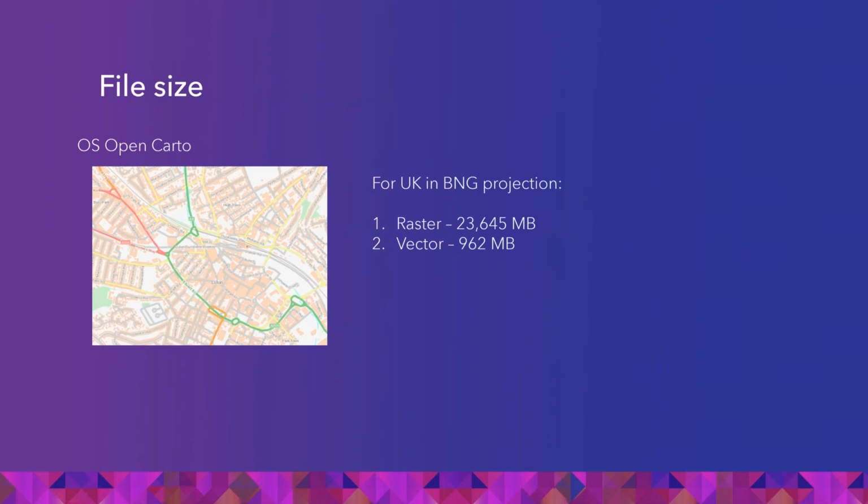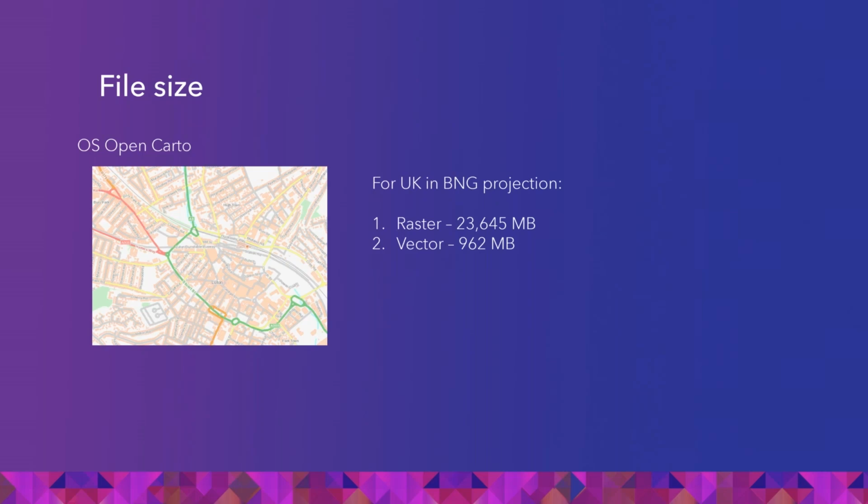So this is an example of the Ordnance Survey Open Carto base map. And if we wanted the whole of the UK in a British National Grid projection, with a raster base map, we're looking at around 24, 25 gigabytes. So that's a sizable amount of data. But if we change that for a vector base map, which to all intents and purposes will look the same, if not a little bit better, we can fit that in under 1 gigabyte.